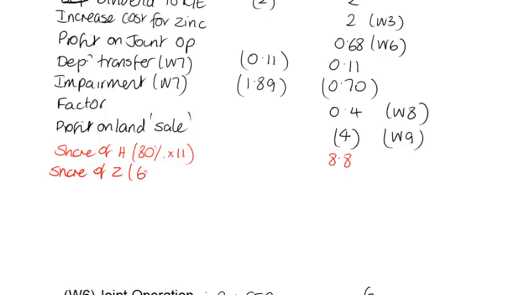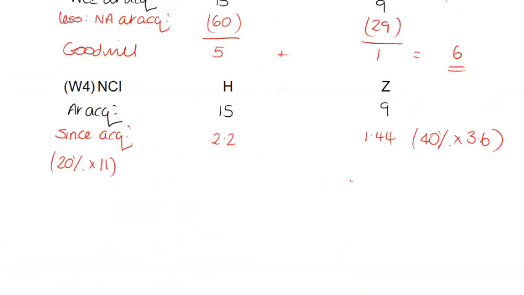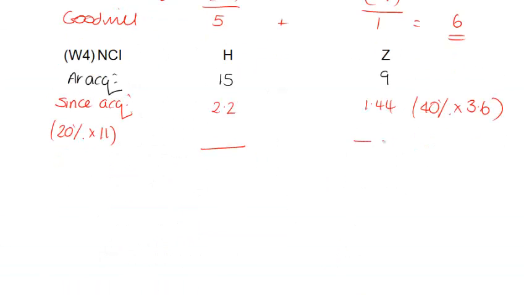Share of Z, 60% of 3.6 is 2.16. So we can now work out our totals, if you have time. So for the NCI, 17.2 plus 10.44 equals 27.64.